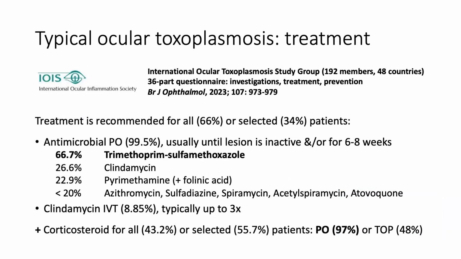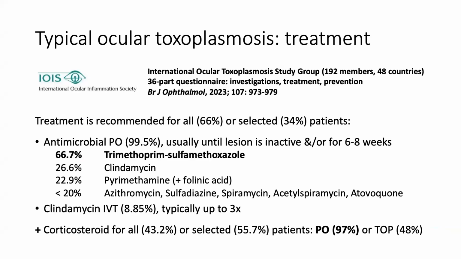So, treatment of typical ocular toxoplasmosis, also looking to our survey again, you can see about two thirds of uveitis specialists give trimethoprim sulfamethoxazole combination orally to patients with this condition. And the majority of IOIS members, uveitis specialists, will treat all patients, and that was a point that Professor Della Torre made, or at least selected patients.